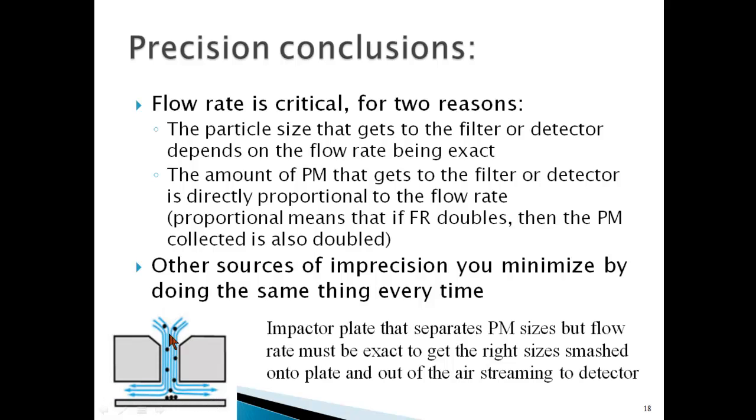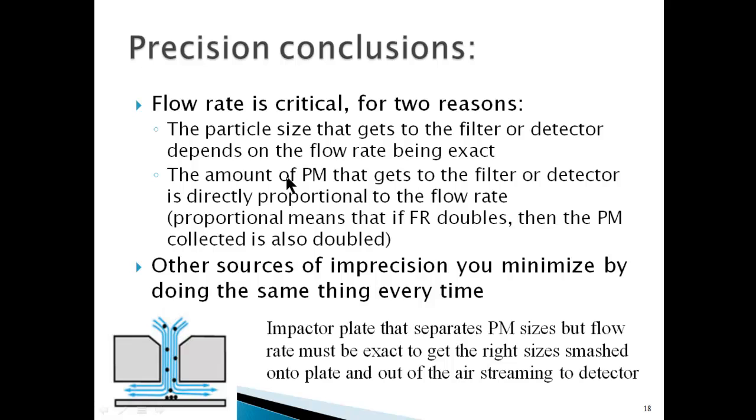But obviously the flow is really important to make sure that the cutoff of size, the particles that get stuck on the plate and don't make it into the detector or onto the filter, depends on the flow rate. So the particle size is affected by the flow rate. The device is designed so if you've got a PM2.5 inlet, it has to have the flow rate exactly right, what the manufacturers intended and designed, so that only PM2.5 makes it around the corner to your filter.